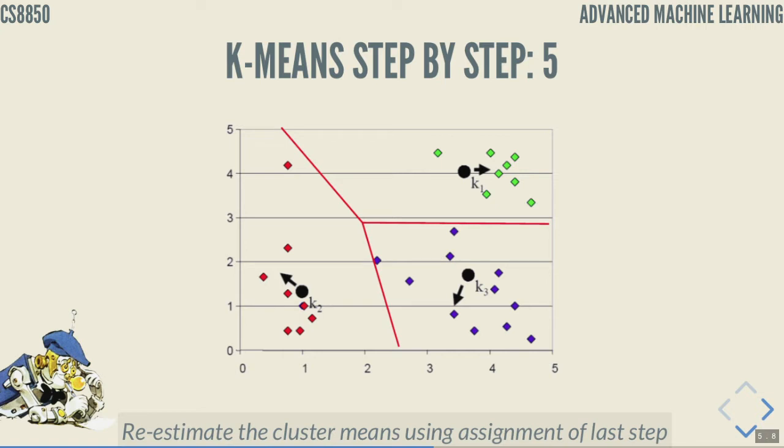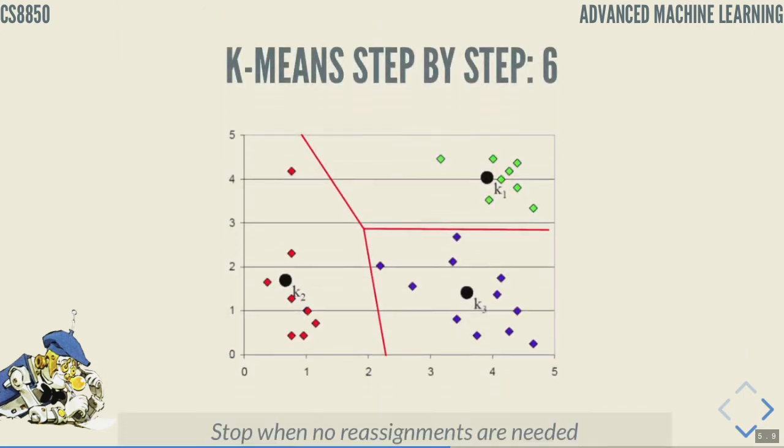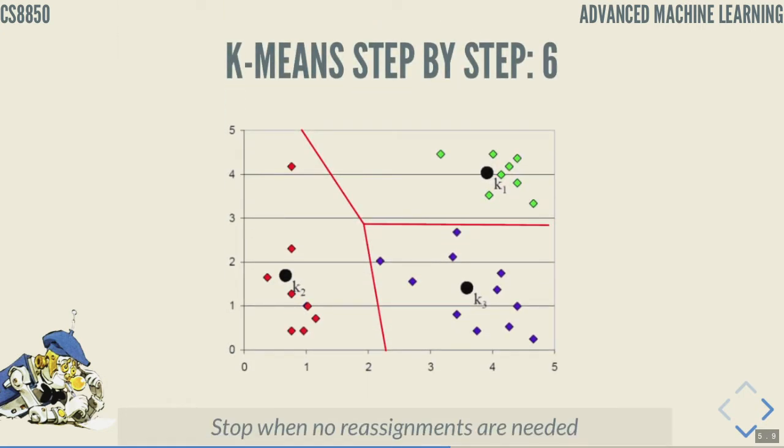With these new cluster assignments, we re-estimate cluster means using the assignment of the last step. And we will continue this process until convergence, when we cannot make any more reassignments. Consequently, when that happens, we cannot move the means either because they're already at the average locations.